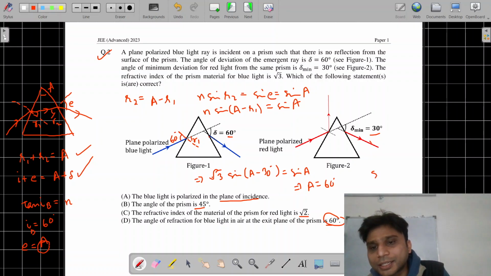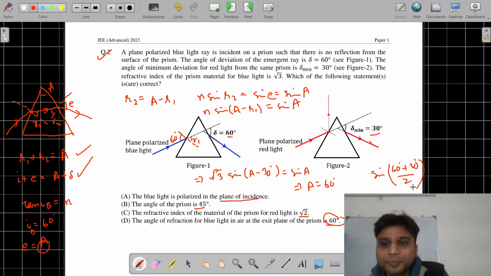Now we'll use the second figure. The second figure says that we have the angle of minimum deviation. So sine of (60 degree plus angle of minimum deviation) by 2, divided by sine of 60 by 2, is equal to the refractive index of the prism for red light, mu r. You can easily say this is sine 45, that is 1 by root 2, and this is sine 30 degree, that is 1 by 2.